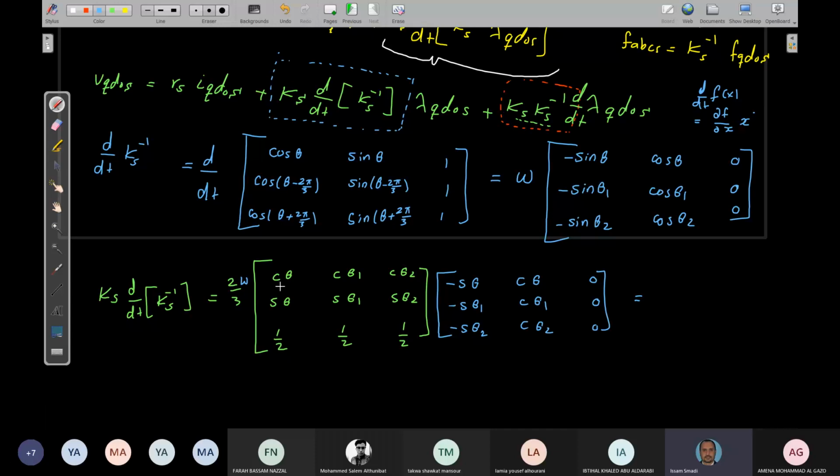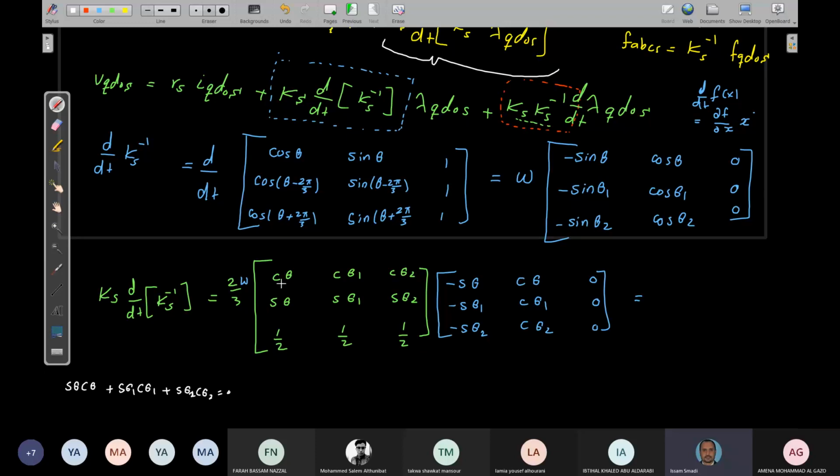So let's multiply the first one, cosine sine. Do you remember the identity I gave you? It was sine theta cosine theta plus sine theta 1 cosine theta 1 plus sine theta 2 cosine theta 2 equals 0.